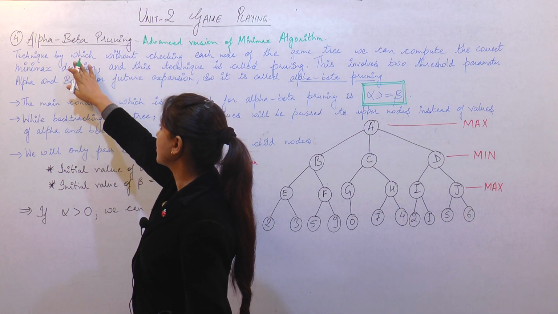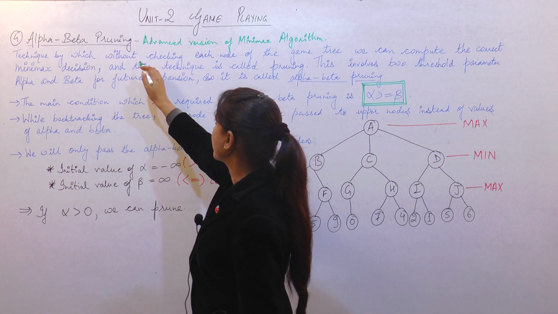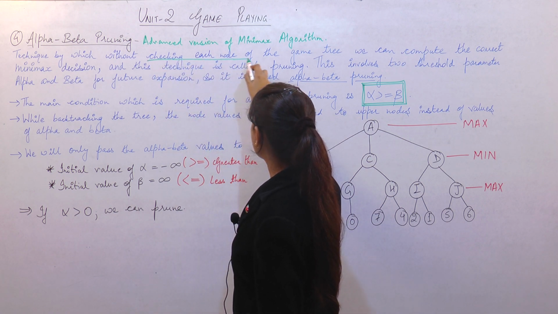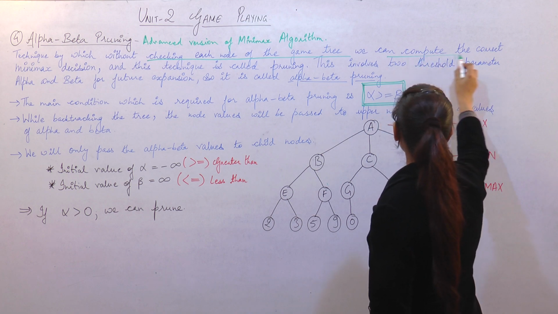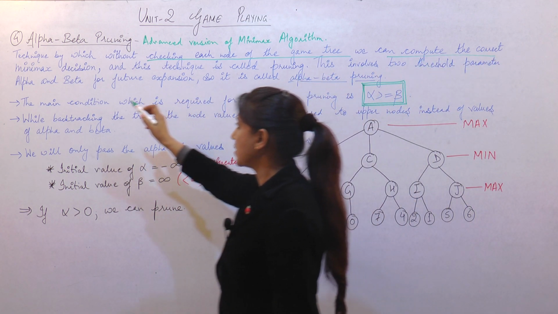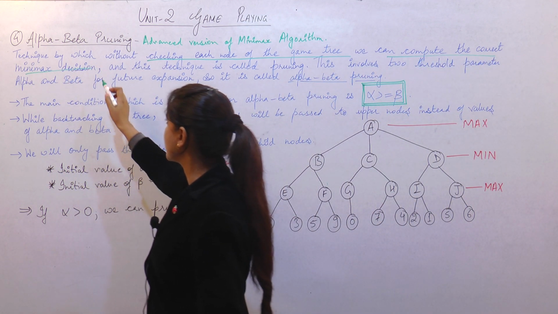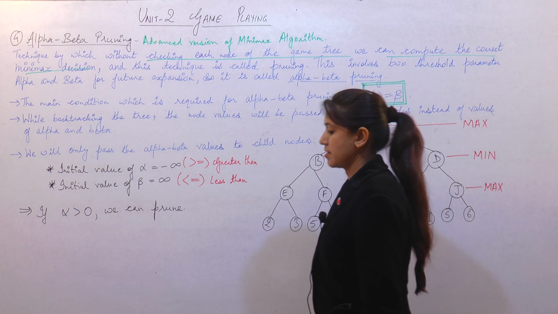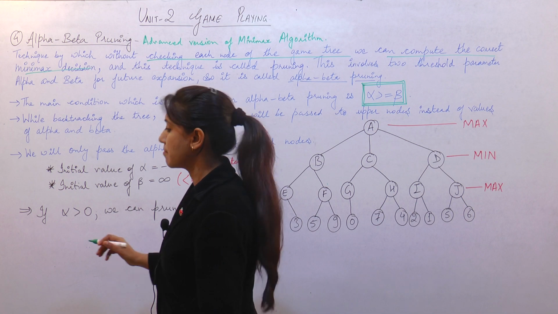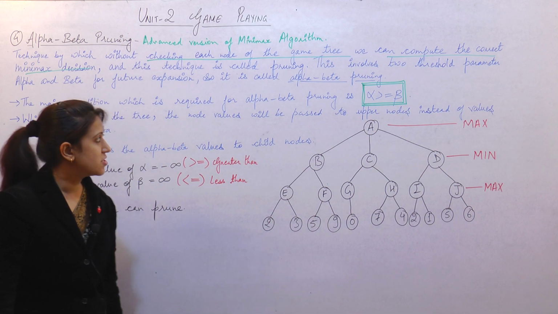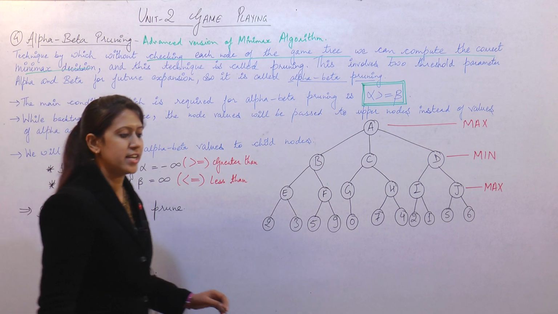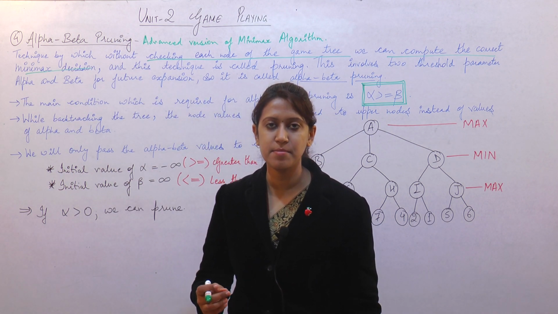In this technique we can compute the correct minimax decisions with or without checking each node of the game tree. That means there is no need to check each node of the game tree.